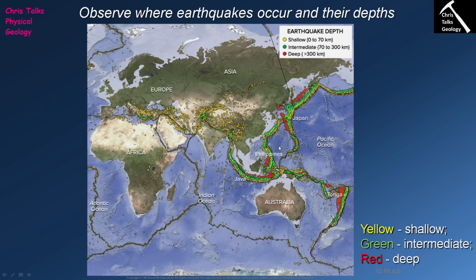So we know that these are areas of active subduction, and we know that at these subduction zones we have a piece of oceanic crust which is being pushed down into the Earth's interior, down into the mantle. So obviously this helps to explain why we see these deeper earthquakes associated with convergent plate boundaries, because it's the piece of oceanic crust moving down into the Earth's interior that is causing these earthquakes.